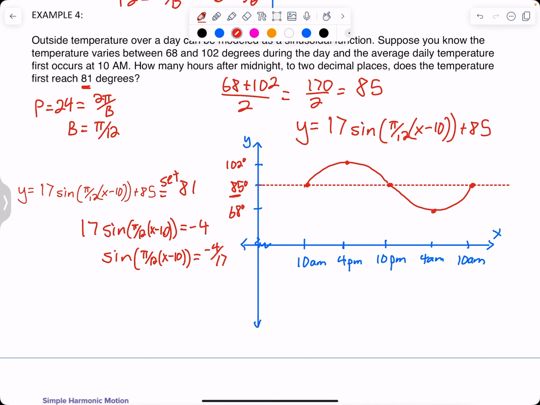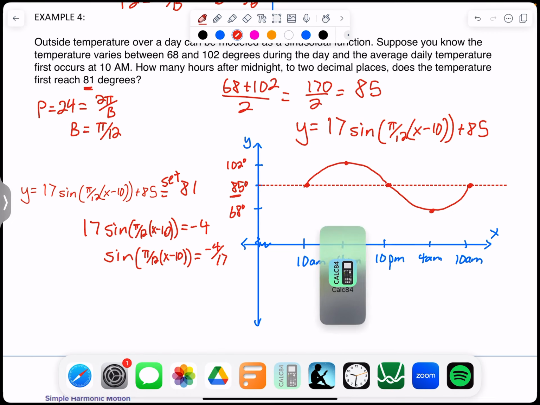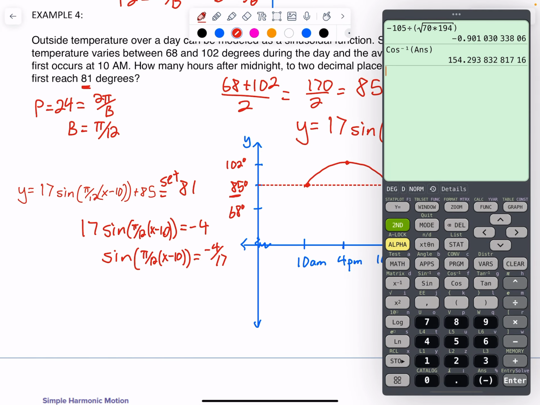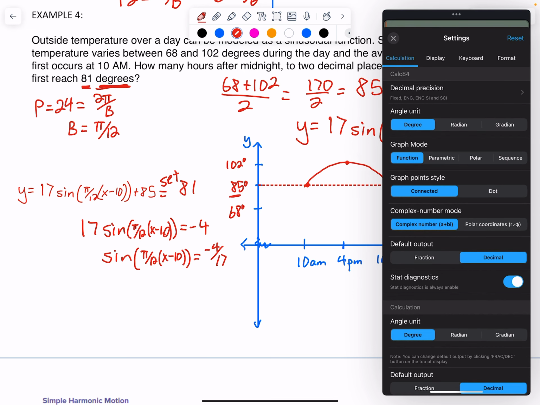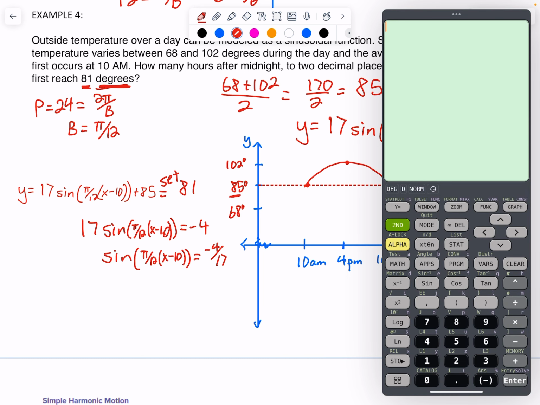So let's use, I think it would make most sense, let's use degrees here. Again, this is, oh yeah, it said 81 degrees. Well, different degrees, but we'll use degrees here. It's a little ambiguous, but I'll make sure any assessment problems will not be that way. So we have the arc cosine of negative 4 divided by 17.